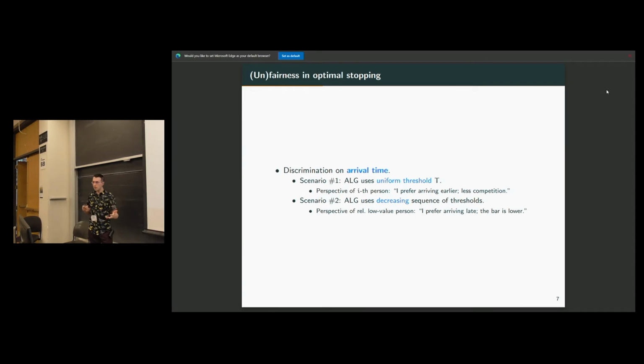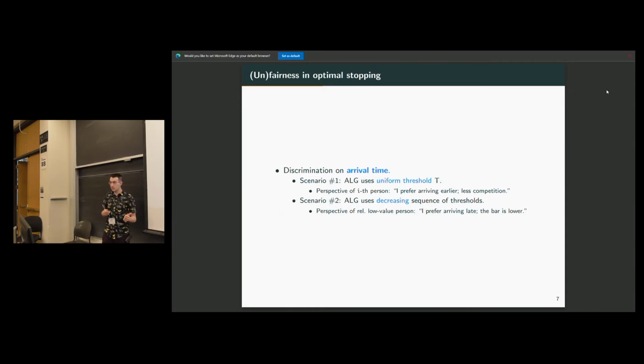But this can also happen in reverse, mirroring the example I said before, if you use decreasing thresholds. A person that has a relatively low value might want to actually arrive late so that they are compared against a lower threshold. So these algorithms, the classic algorithms for prophet inequalities, are fundamentally unfair. And so what we want to do is to try to fix that by imposing fairness constraints.